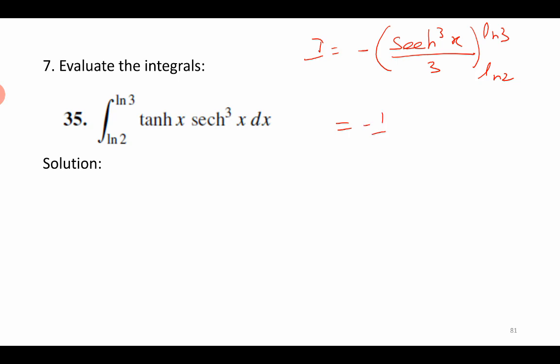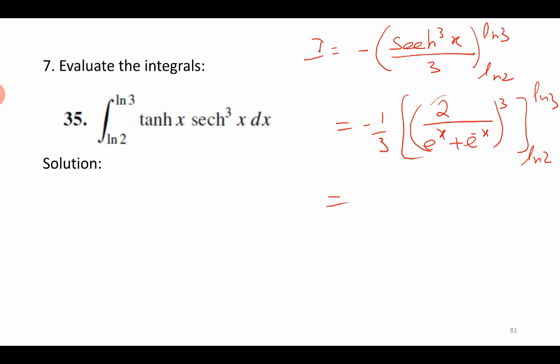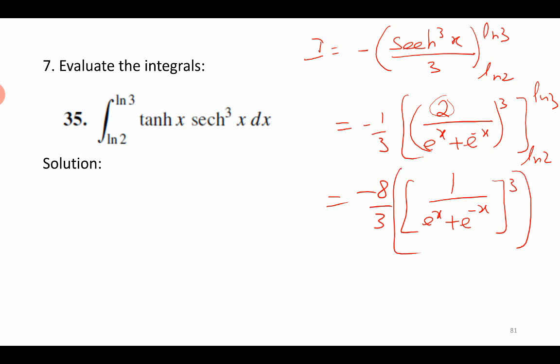Now negative 1 over 3 times secant, which is 2 over e raised to x plus e raised to minus x, from the definition of secant, whole cube, from ln 2 to ln 3. Now 2 cube will be 8. Negative 8 over 3 is outside. So 1 over e raised to x plus e raised to negative x, upper limit minus lower limit, whole cube.